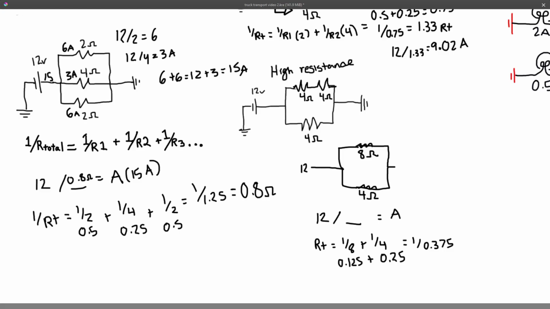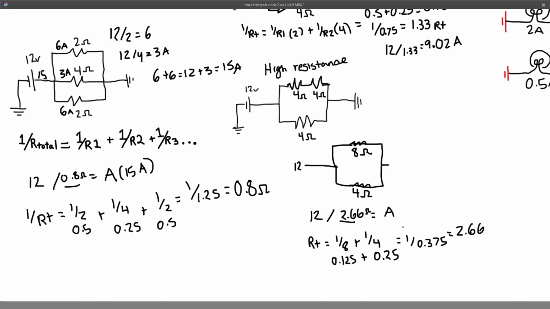Just to check with the calculator, that would be 2.66 repeating. So we have 2.66 total circuit ohms. To calculate, we would have 12 divided by 2.66, which will give us an amperage of 4.5.